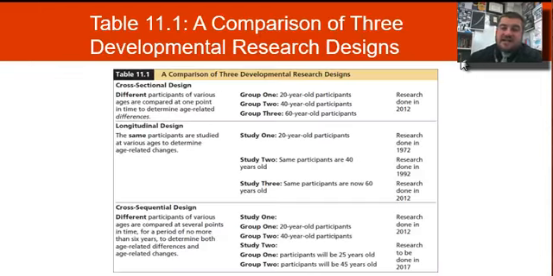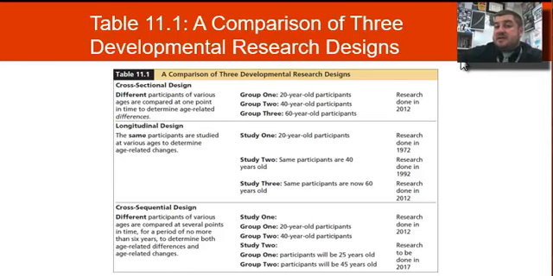So here is a little table about the 3 research designs. I thought this was just good enough to explain what we needed. So basically, you've got your cross-sectional, you've got your longitudinal, and then you've got something that's kind of a combination of those two called cross-sequential. Cross-sectional means that different participants are used to study something over time.